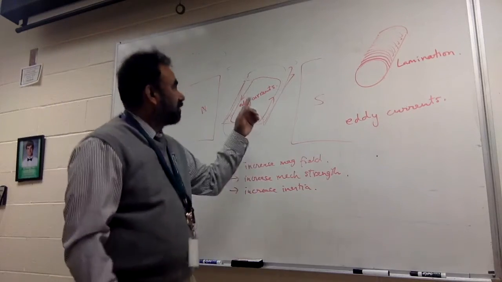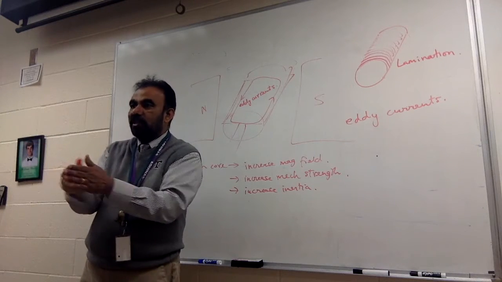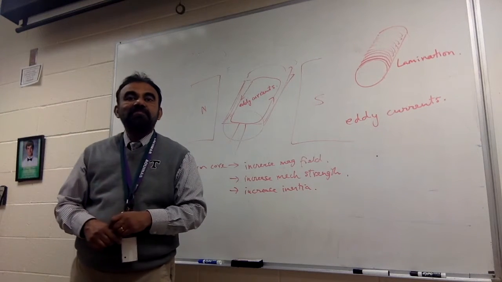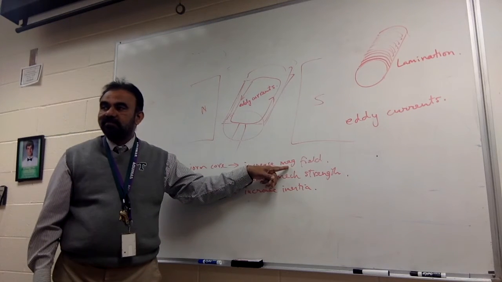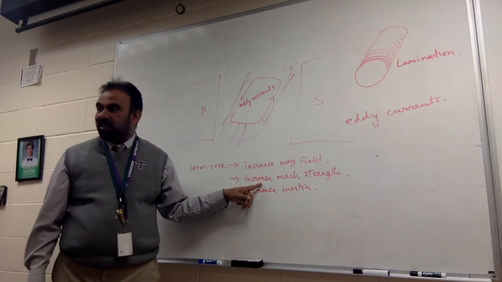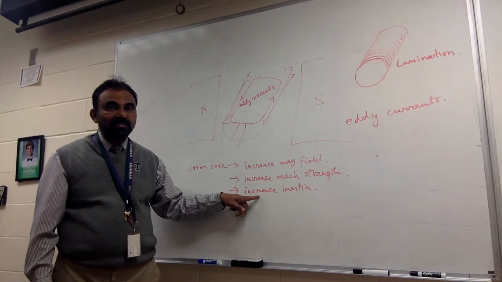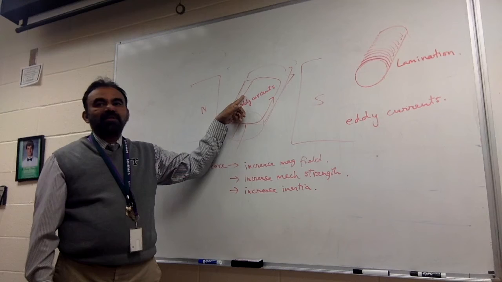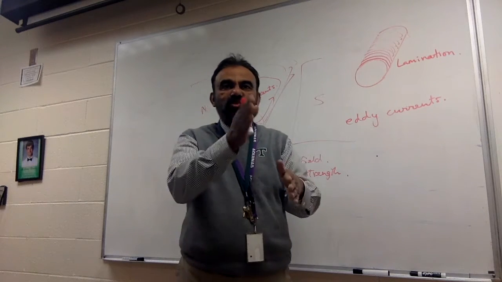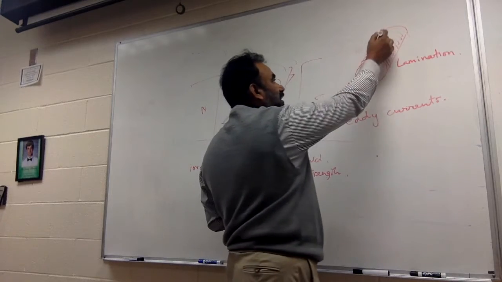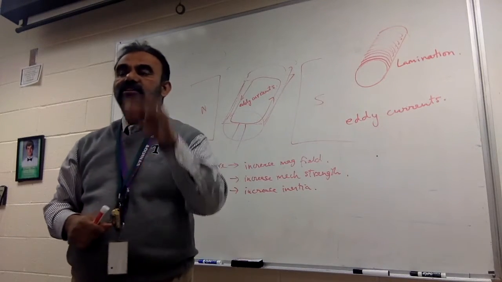The benefit of chopping it into sheets and stacking them together after insulating them is that you still get the increased magnetic field, the increased mechanical strength, and the same inertia. You are minimizing this current, because once you chop it into sheets like this and insulate them, you can't have a current running like that. You understand? That eddy current is minimized.